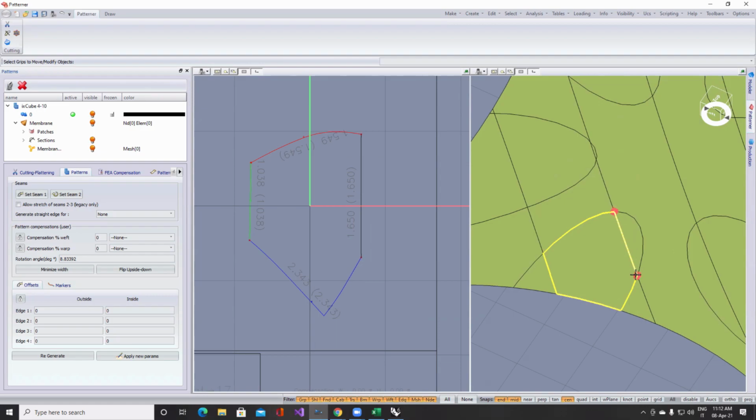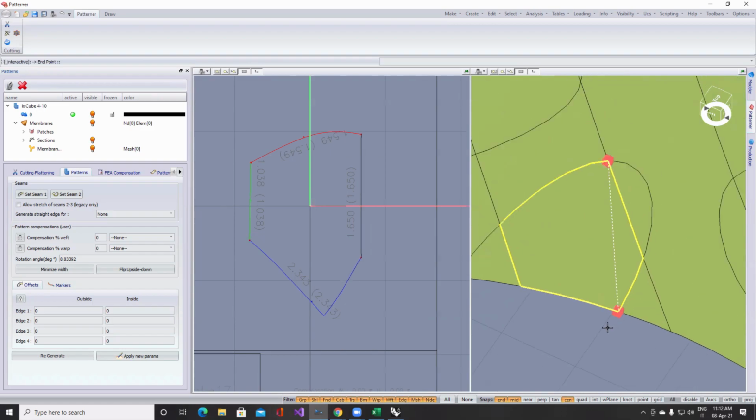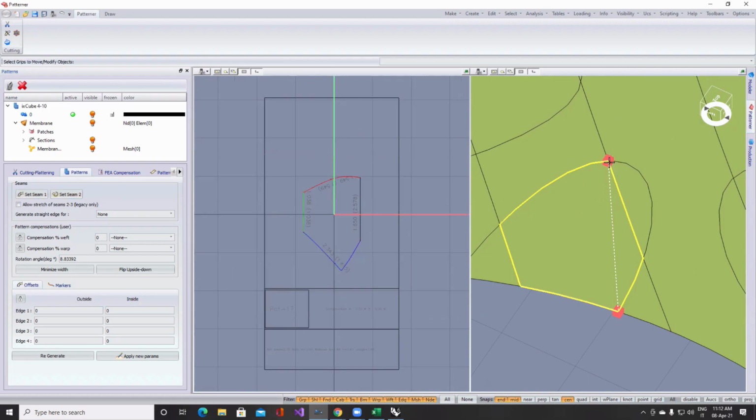We can detect which is the main developing curve by moving these dots like this, for example. So if I move it here, we have these two commands, set seam number 1 and set seam number 2 here. So if I set seam number 1, I am telling the software that this edge that goes here and ends here is the first developing edge. I move these dots over here.